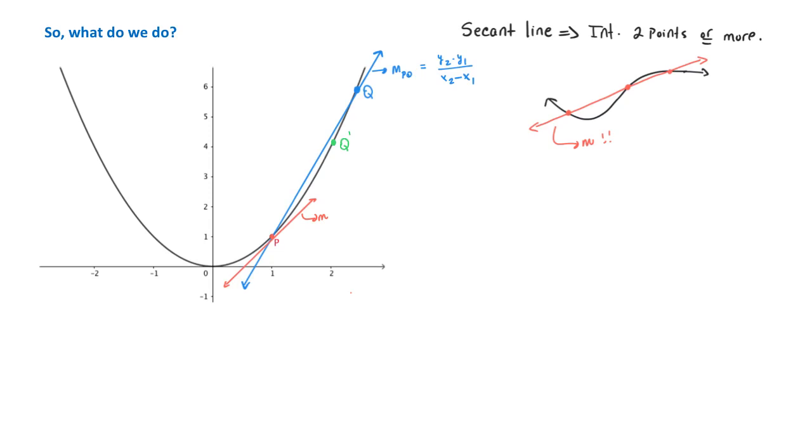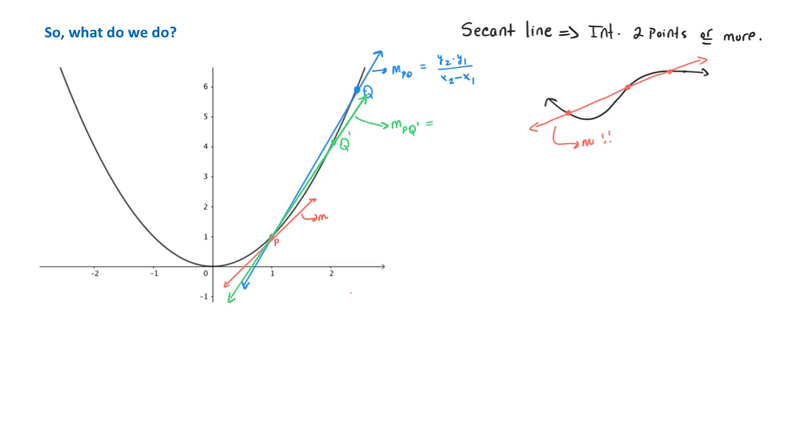And we're going to connect points P and Q prime with another secant line. So this is going to be the green line right here. And we're going to use the same slope formula to calculate the slope of my new secant line, the green line.